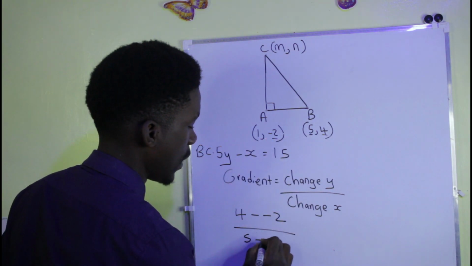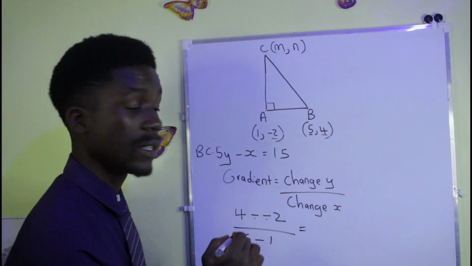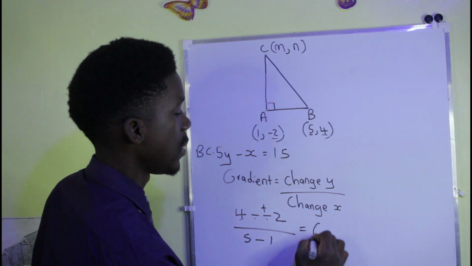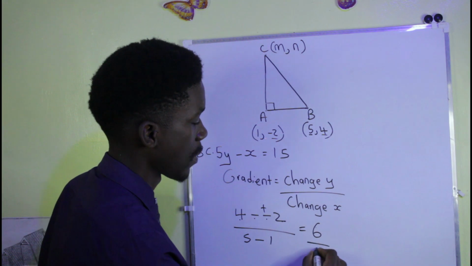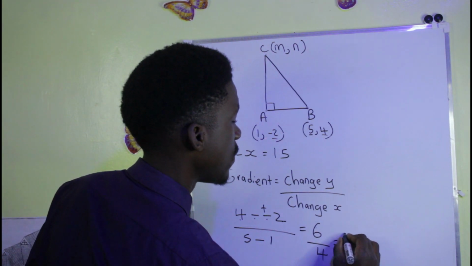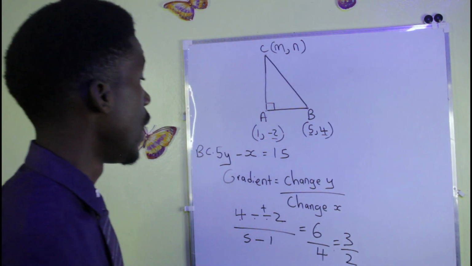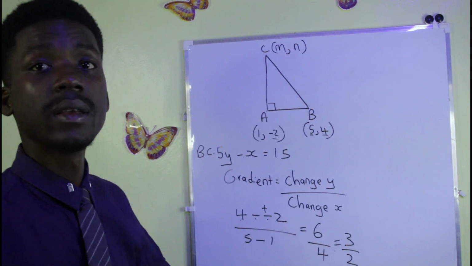We all know negative and negative is a positive, so it will be 4 plus 2 to be 6, and 5 minus 1 to be 4. When we simplify, we get 3 over 2. Now, the gradient of line AB is 3 over 2.